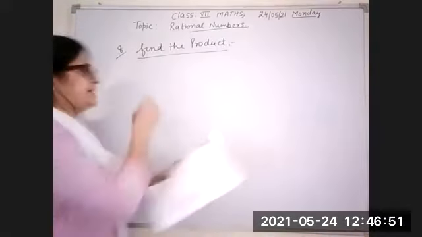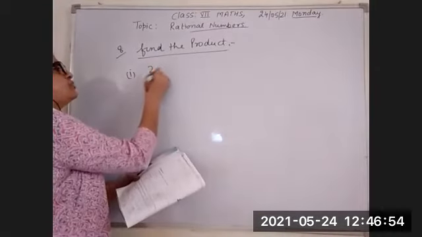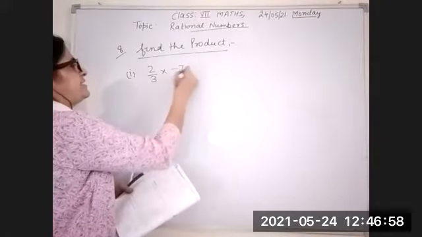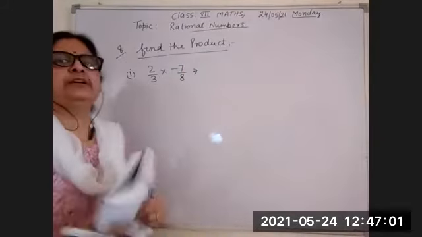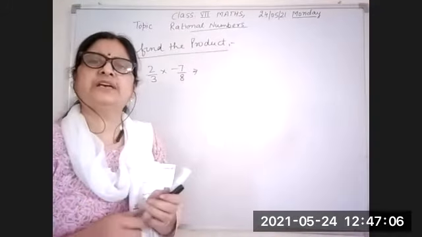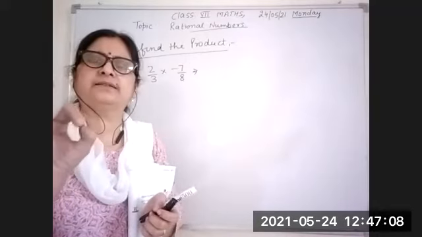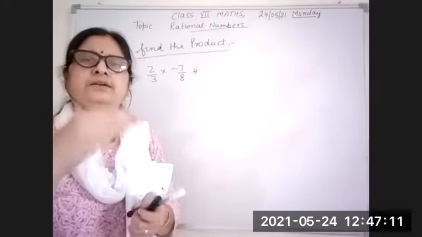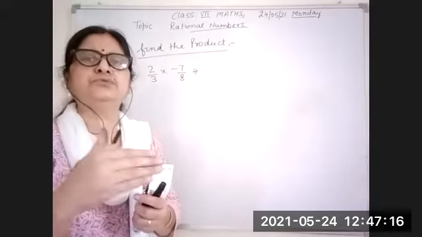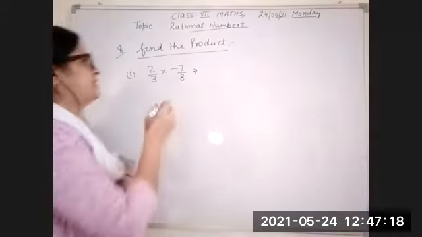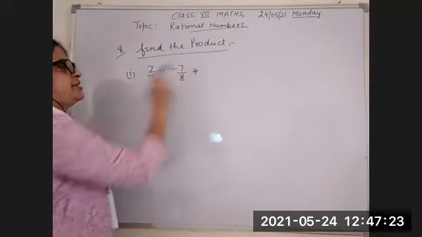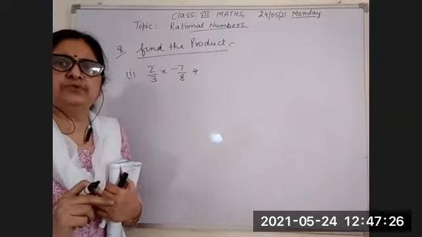Question number 8. Now your first question is 2 upon 3 into minus 7 upon 8. When you have to multiply rational numbers, first you have to observe which numbers can be cancelled, which can be converted into reduced form. You have to check in the cross, and in the numerator and denominator, and if they cancel, you have to cancel them.